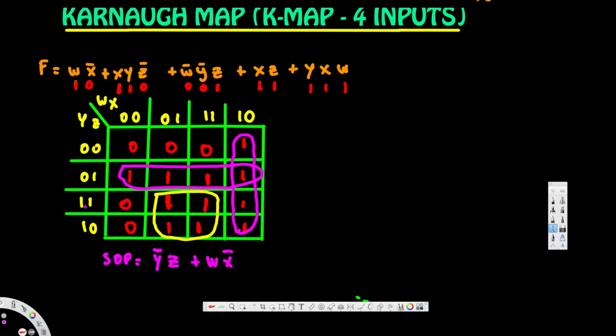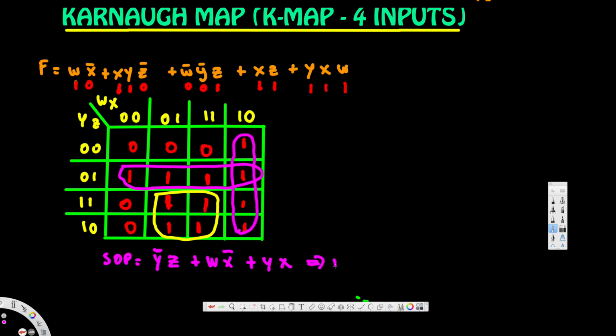Here we have y is not changing, y is 1 1, z is changing, right? So we have to put just y. And for this one here, w is changing, 0 1, but x is not changing, x is 1 1, so we put x, right? So we have xy, wx bar, and then y bar z. So this is the expression for sum of product.